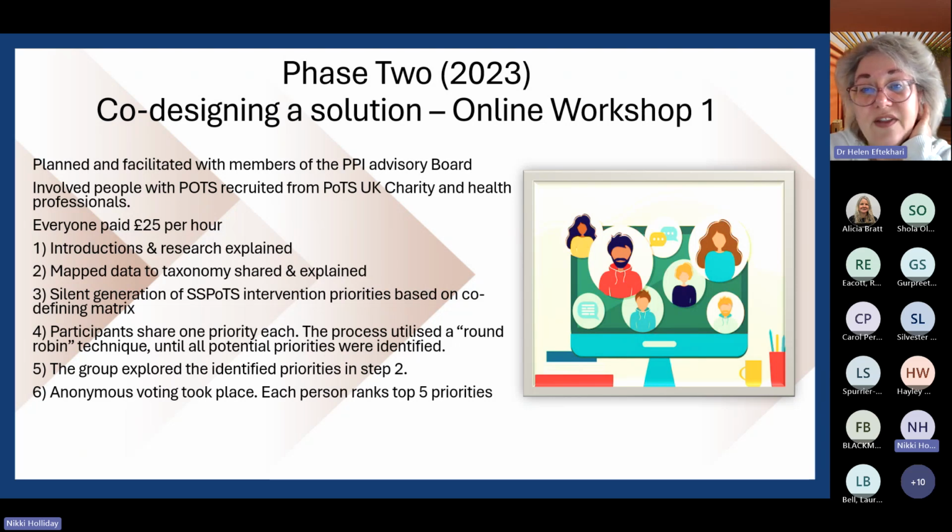The way we ran the workshop was we had introductions and the research was explained. The facilitators from the POTS PPI board undertook the facilitation of the workshops and introduced the workshop, and then I went on to explain the research and the taxonomy.